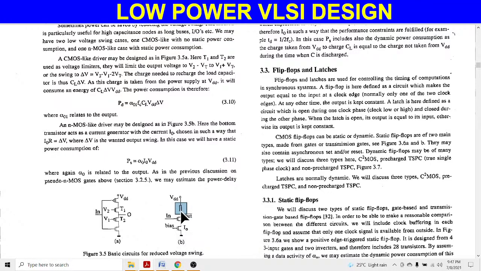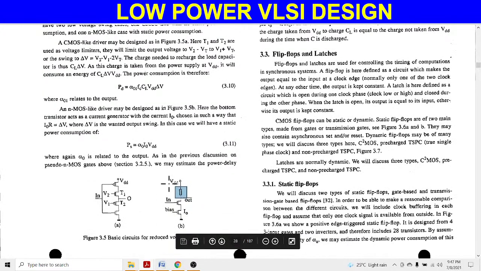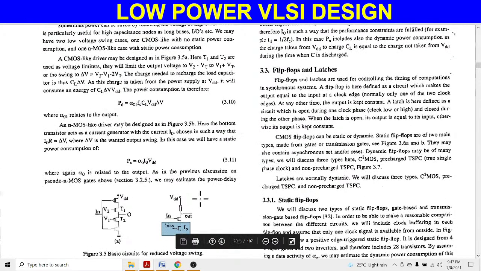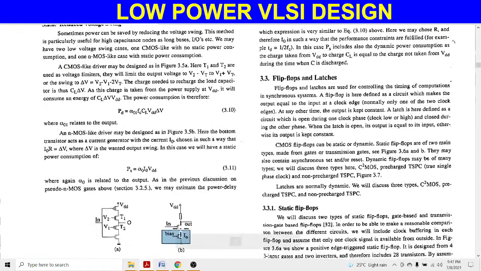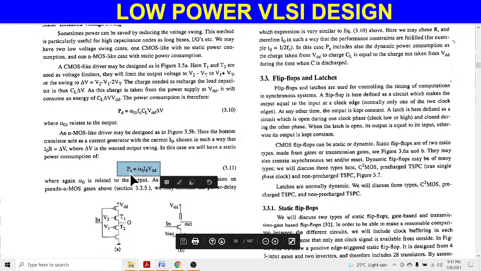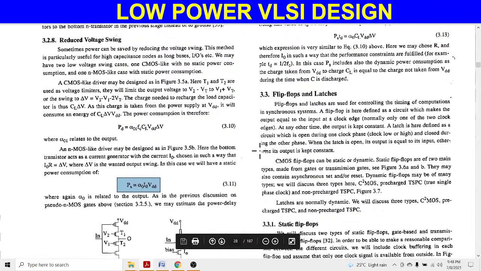Because we have not used a PMOS transistor, this type of technology is known as NMOS technology. In this NMOS inverter circuit, because of this NMOS, one current flows, that is known as I naught. And because of this I naught, some static power dissipation comes into play, represented by the mathematical expression Ps equals alpha naught I naught into VDD.